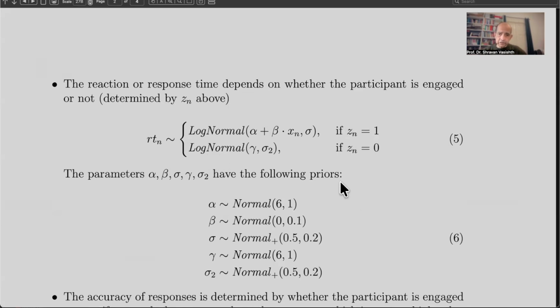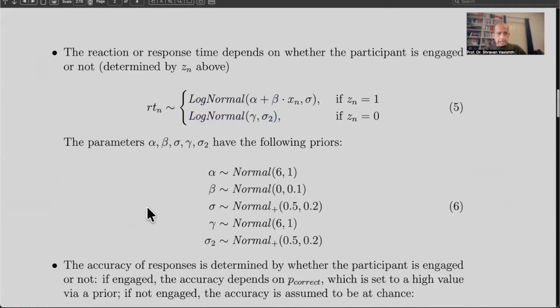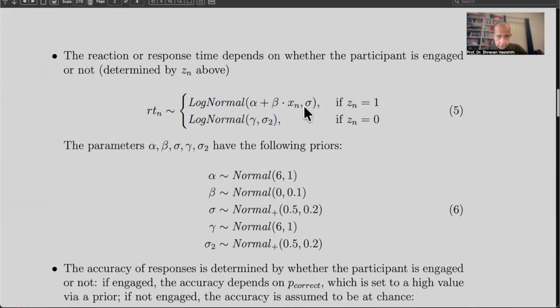But it's convenient to see the model like this. So this is the task engaged generative process. This is the non engaged generative process. That's the mixture. And then the parameters, so the 1, 2, 3, 4, 5 parameters, they have the priors that are specified here.